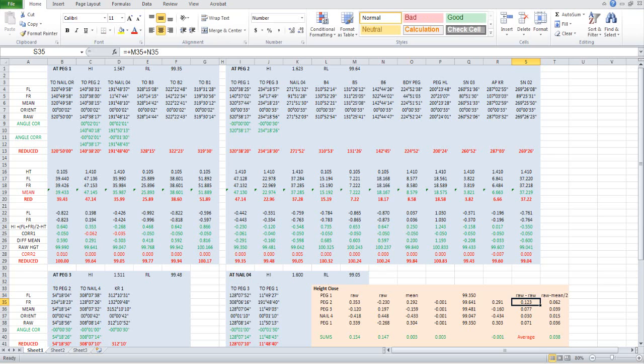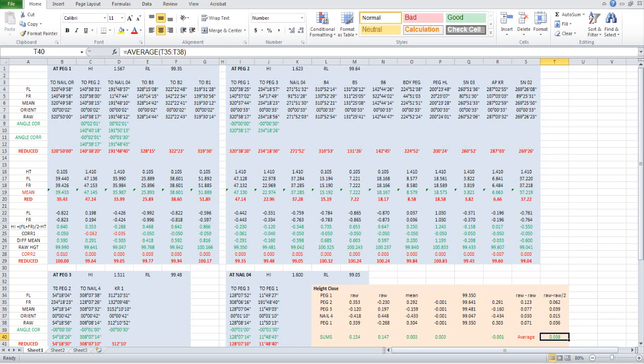I've put the two raw values in, so the difference between the two is 0.123, and halving that, or raw minus raw divided by 2, gives us the idea of the sort of error that is in each of the calculations. And you can see there it's around about 0.038.